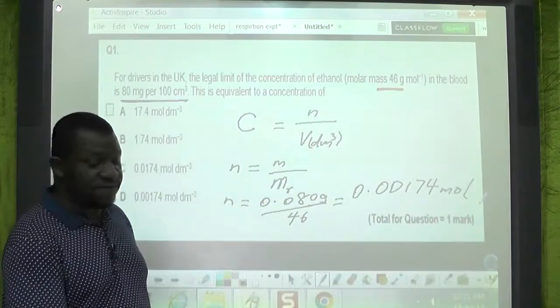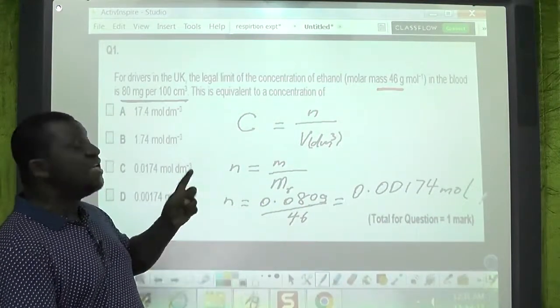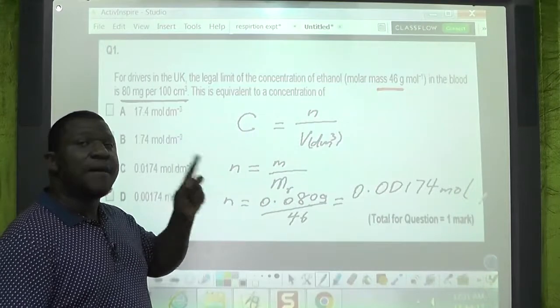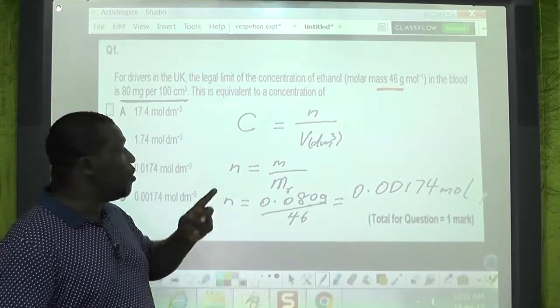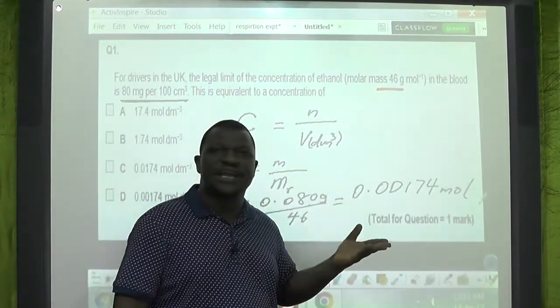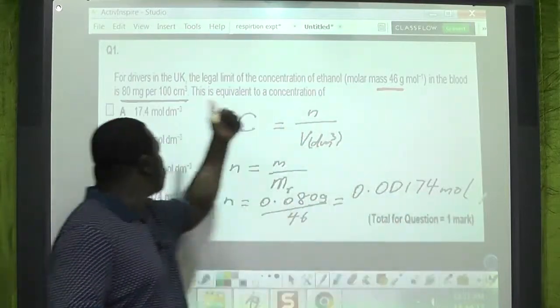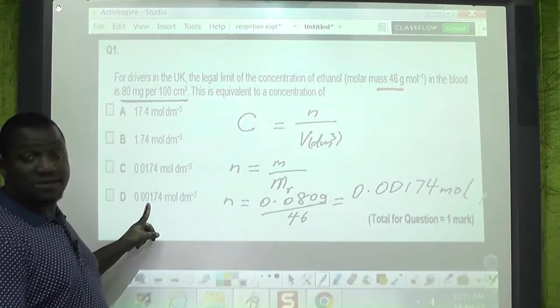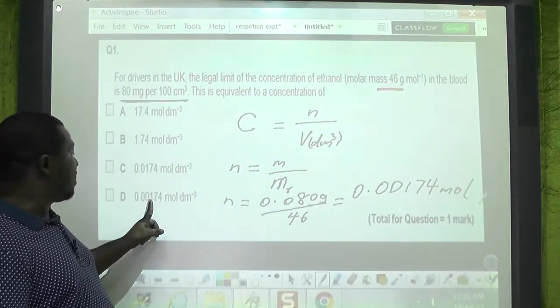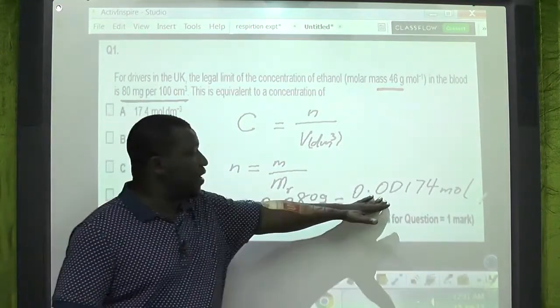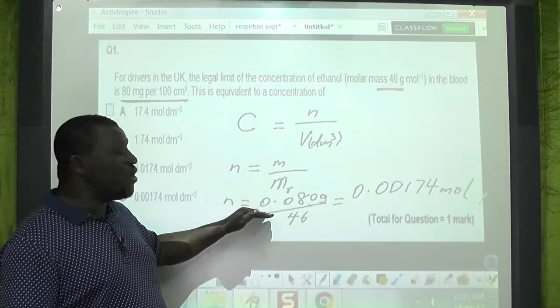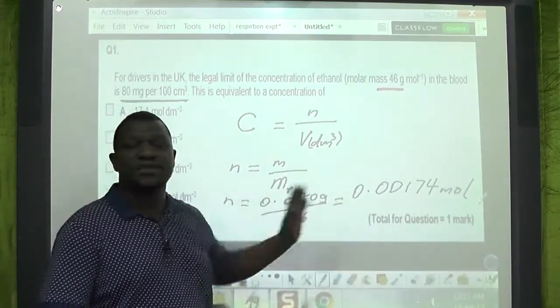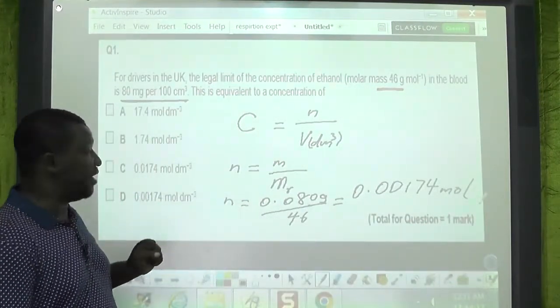This is where another danger comes. Many students, because you are in a hurry in the exam hall, get this and go straight to an answer there. If you stop there, you got the first danger but you are missing the second danger. Don't make that mistake.